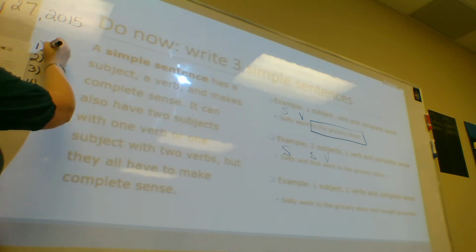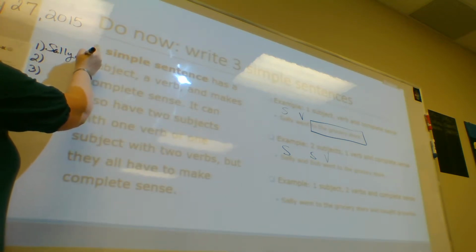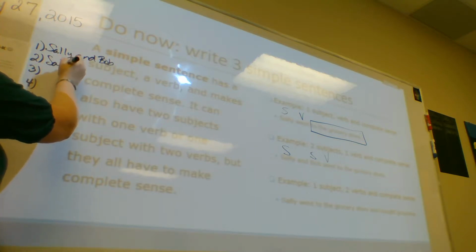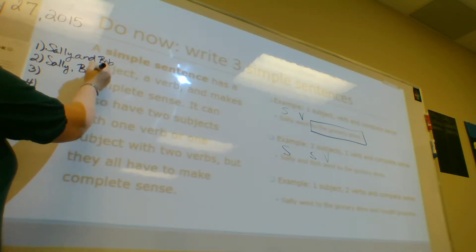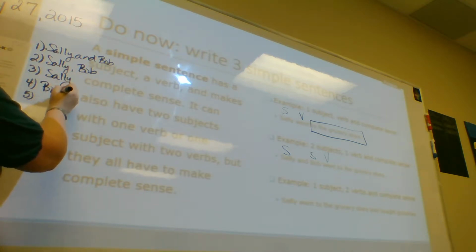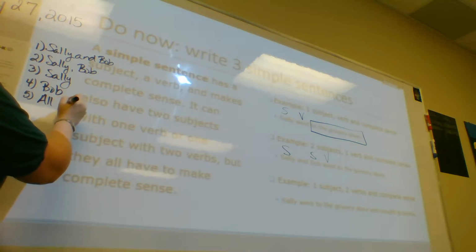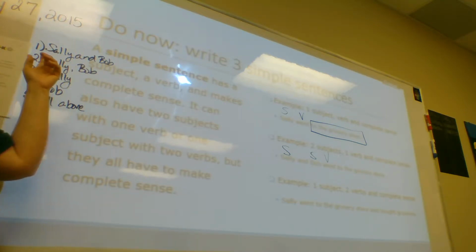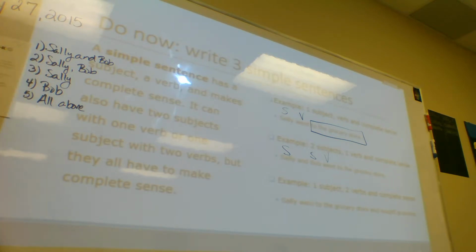Your options may be: Sally and Bob; Sally; Bob; Sally, Bob; or all of the above. Have you ever seen a question like this where everything looks the same? They're all the same. But they're not. This is what you have to pay really close attention to.